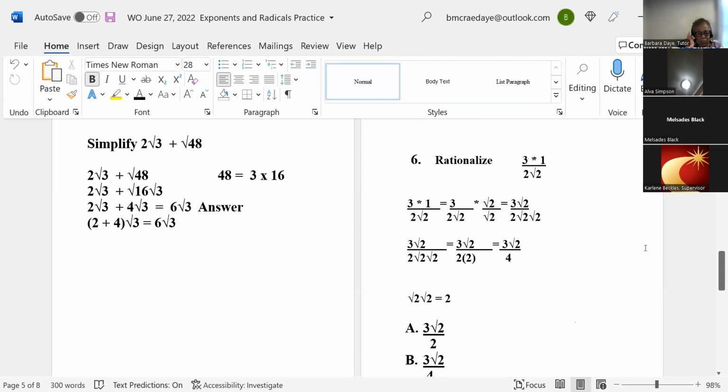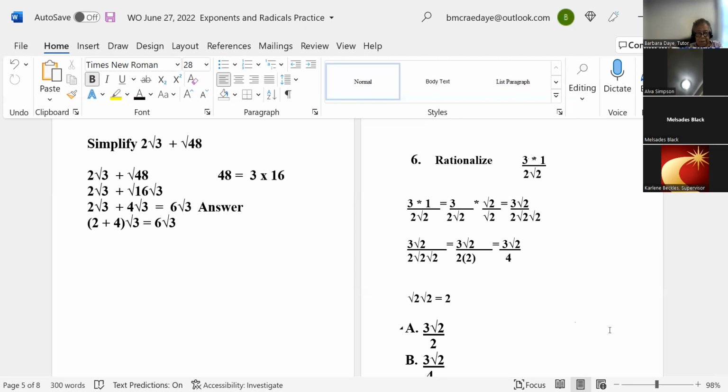So that's your first step in rationalizing your denominator. Multiply your numerator and your denominator by the square root that's in the denominator. Like if this had been a square root of 3, then we multiply both numerator and denominator by square root of 3. Got it? Yes, ma'am.